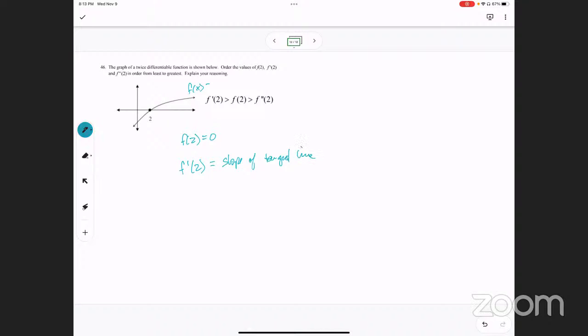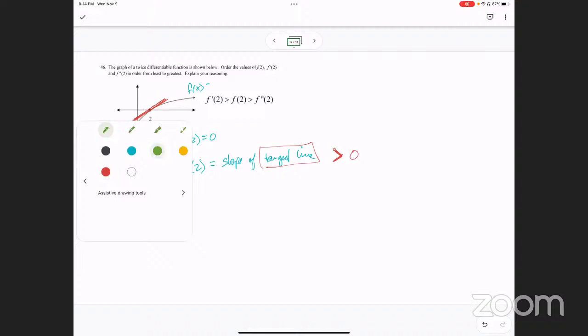So if we drew the tangent line in there in red, what would that look like to you? It would look like that. It would be positive, right? Yeah. So we know that it's greater than 0. So we can already see that that's bigger than f of 2.